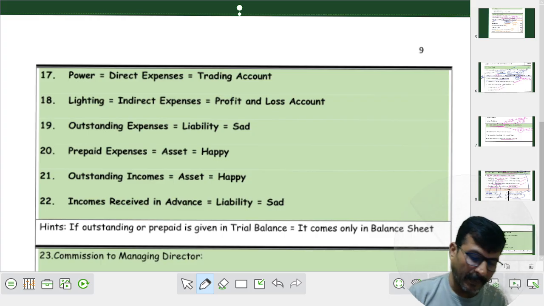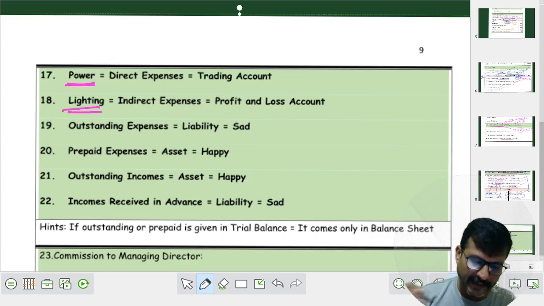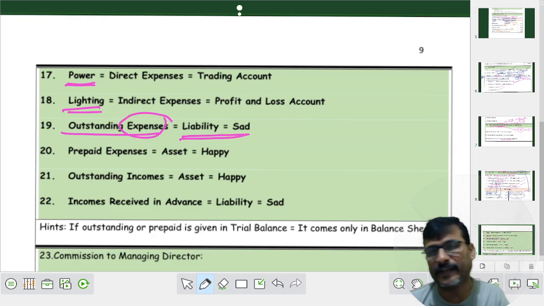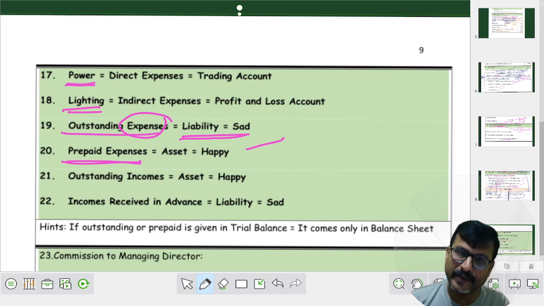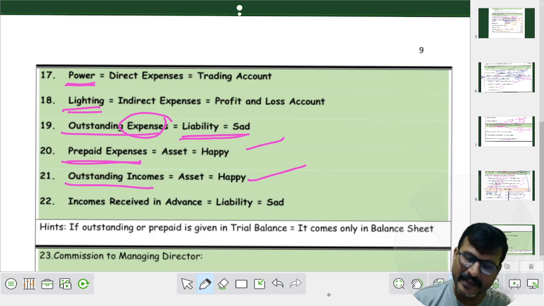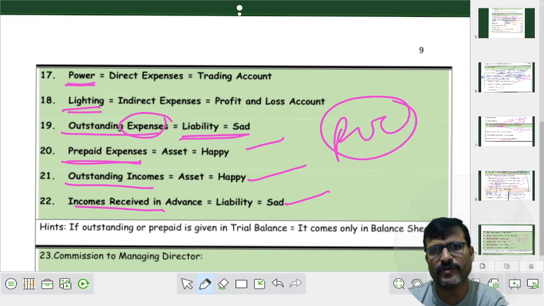Power is direct expenses, lighting indirect expenses. Outstanding expenses is called liability, equal to SAD. SAD means expenses. Prepaid expenses, asset, equal to happy. Outstanding income, asset, happy. Incomes received in advance, liability, SAD. This is your PUC knowledge.